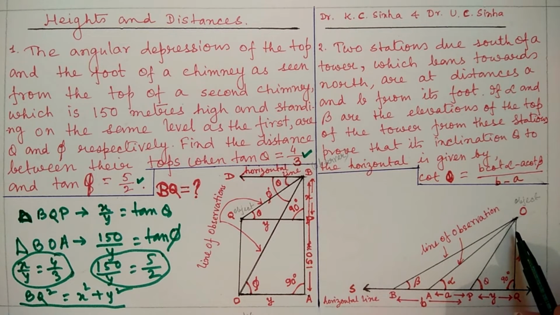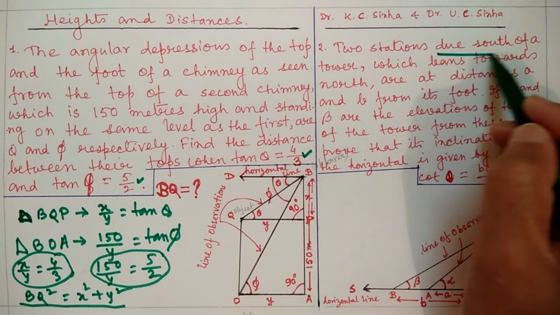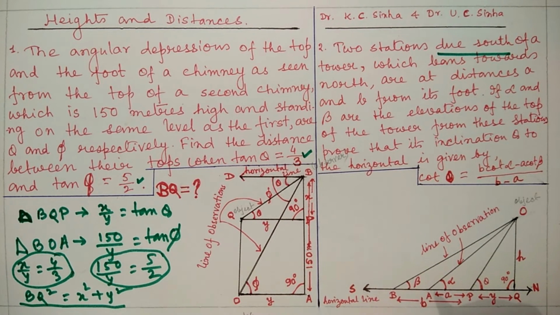Here it is given that two stations are due south of a tower. So we know that the cardinal compass point south will be at 180 degrees. So here we have taken the horizontal line. Here north and south directions are on opposite sides, and OP we have taken as a tower.